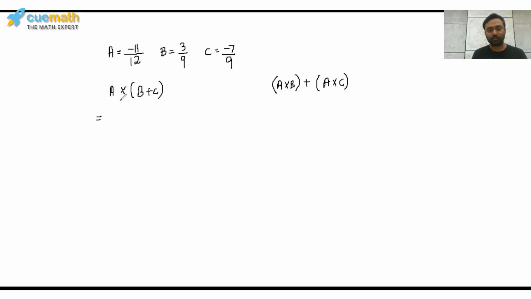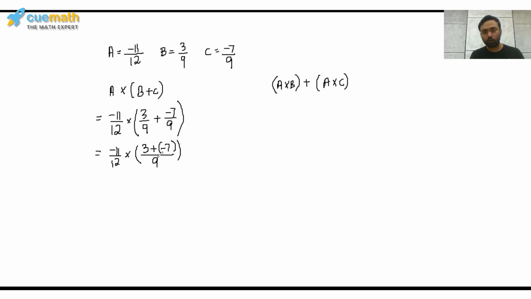So let's start with this one first. A is -11/12 times, in place of B and C, 3/9 plus -7/9. Now let's solve the bracket part first. So we get -11/12 times the LCM of both the fractions, which would be 9 here, and 3 plus -7 would be the numerator.